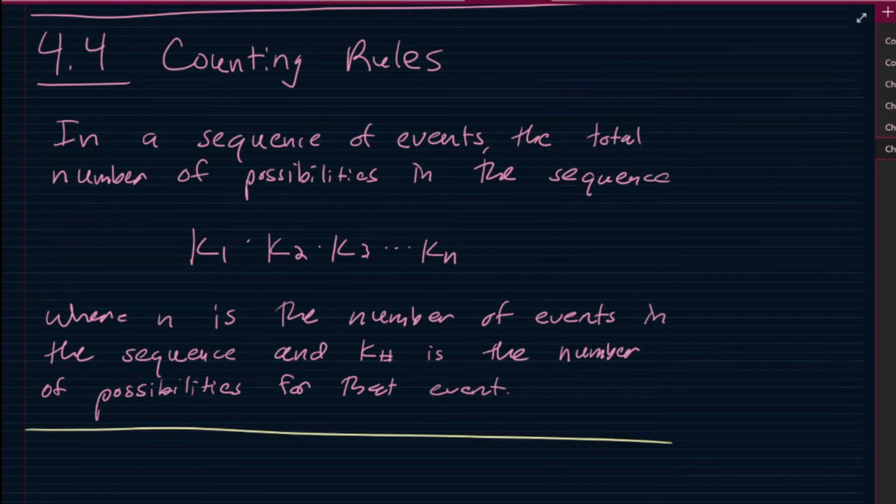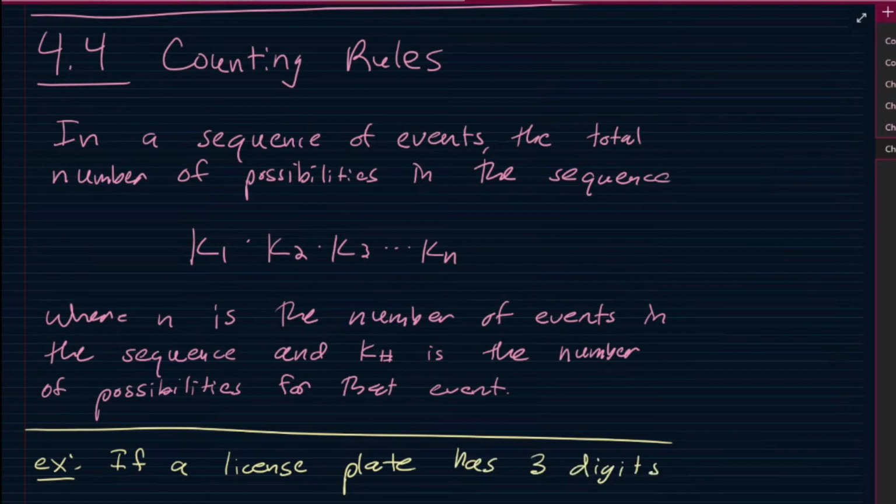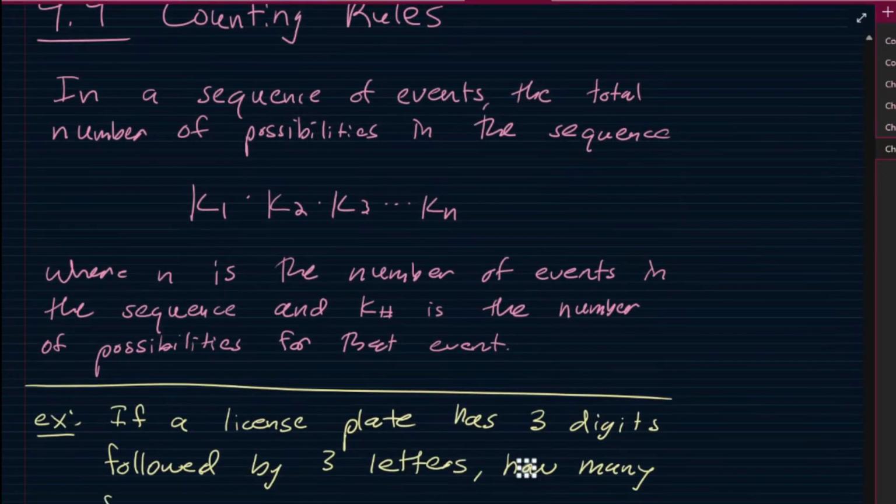So say, for example, how about if a license plate has 3 digits followed by 3 letters, how many such license plates are possible?